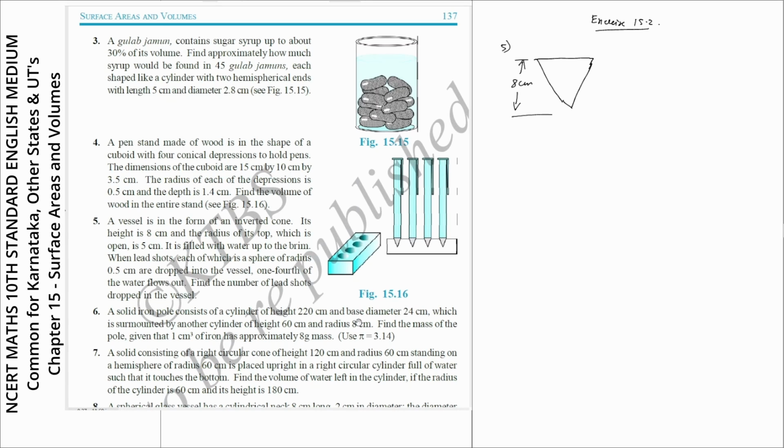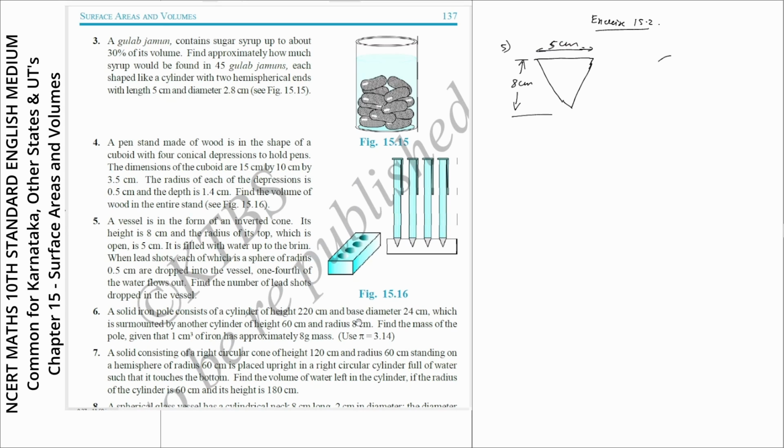Radius is 5 centimeter. So this length is 5 centimeter. Now this is fully filled with water and some spheres are dropped into this. When spheres are dropped, water will start spilling out of this vessel, right?